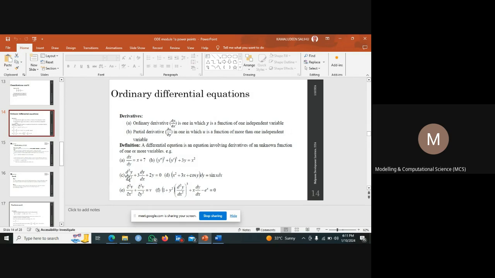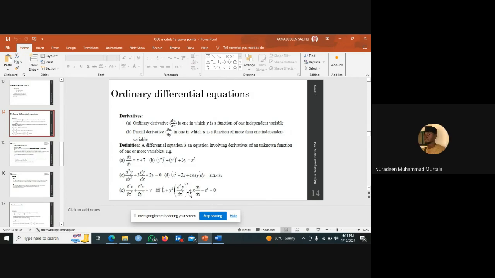We have d squared y over dx squared. So the highest derivative here is what? d squared y, right? So that is of order 2. A is of order 1. C is of order 2. So when you come to F, what is the order of F?